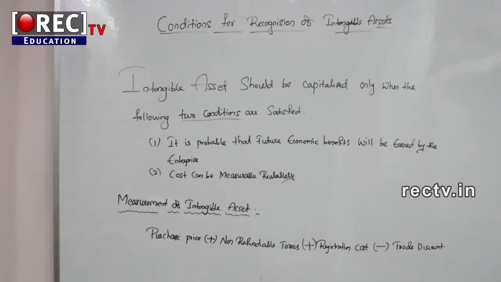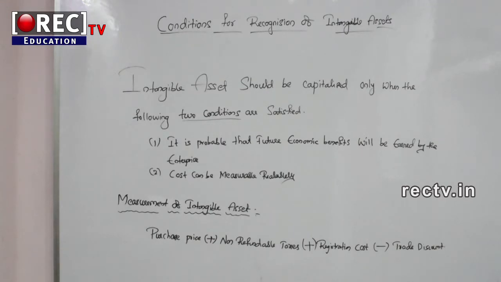Next, conditions for the recognition of intangible assets. Intangible assets should be capitalized only when the following two conditions are satisfied. Those are: it is probable that future economic benefit will be earned by the enterprise.